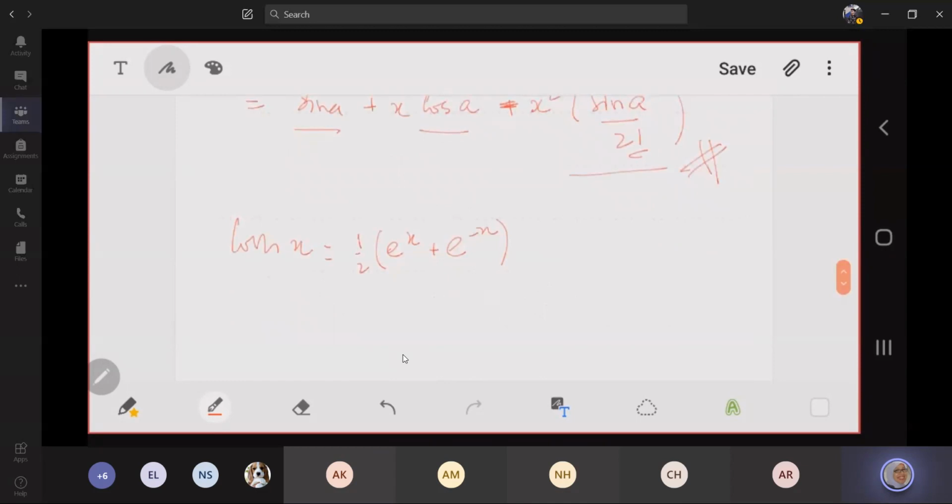Let's say we want to find something else. Let's say sine squared x, example 5, example 6. Sine squared x.